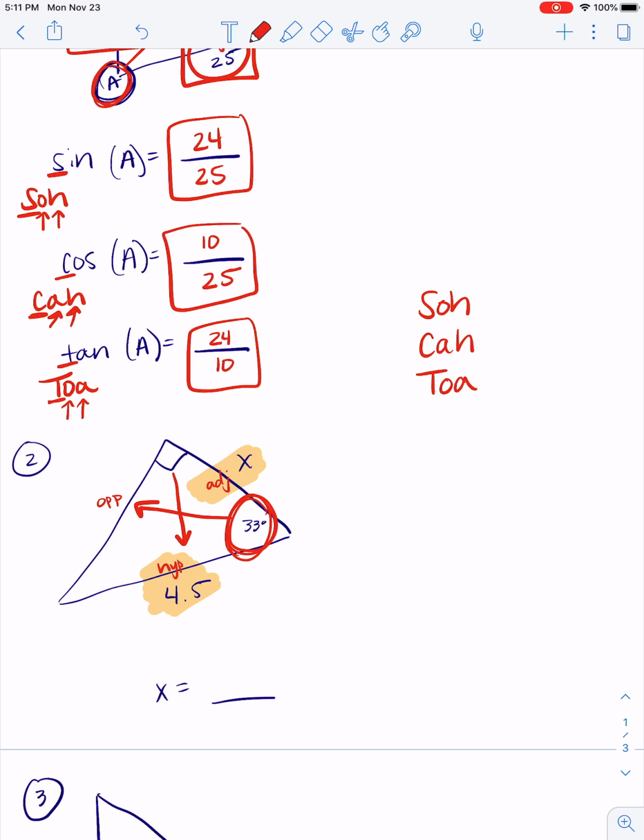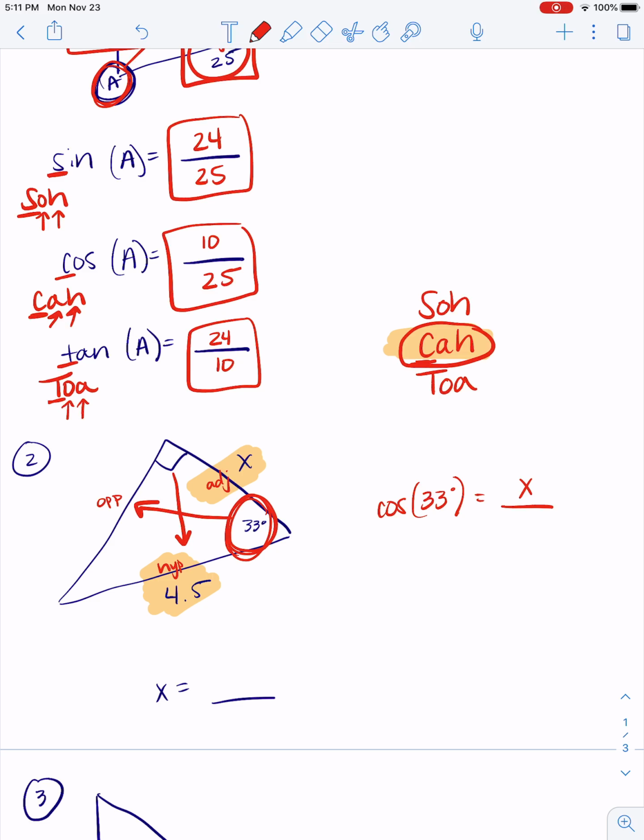Okay, so you want to look for adjacent and hypotenuse because those are the two sides I have. So that would be back to our sine, cosine, tangent, SohCahToa. It's the CAH. So based on that, we know that we're going to use cosine. So the C stands for cosine of our angle, 33 degrees, equals, and then you set up a fraction. And it's, again, in this order. A on the top, adjacent is x.